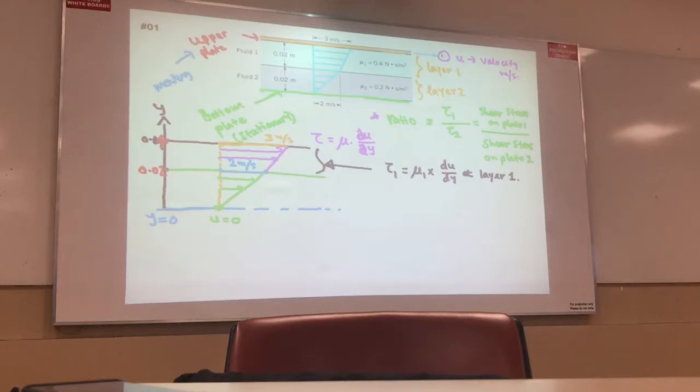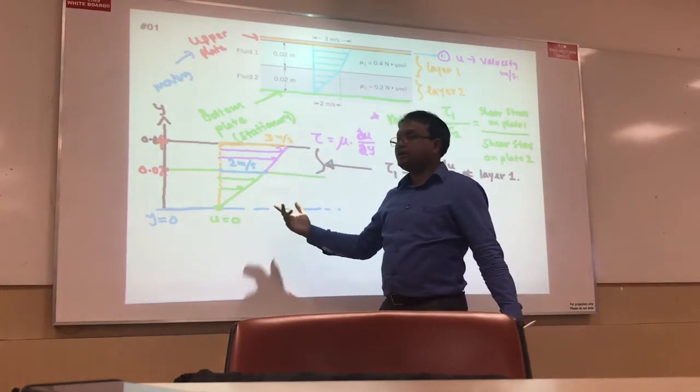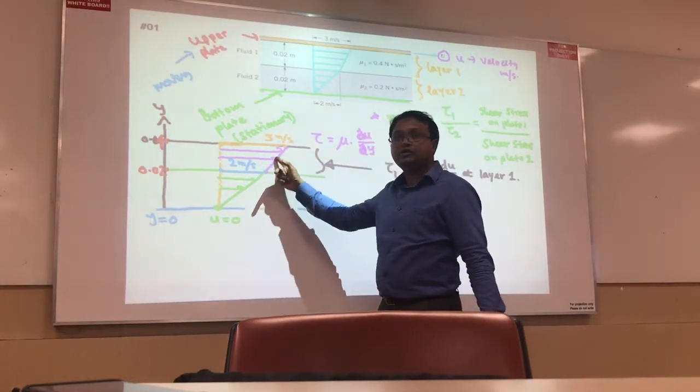Then, what is mu 1? I can substitute the number. So, mu 1 becomes 0.4, right? 0.4. Done. What is du? Can you tell me what is du? It is the difference, because they do not give me any equation. It looks like a linear equation.